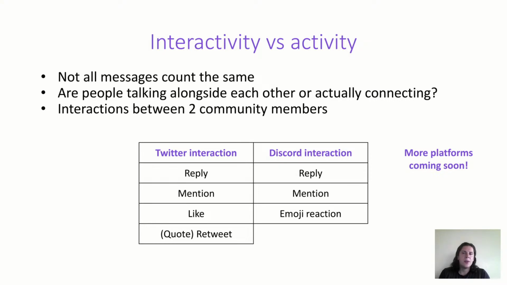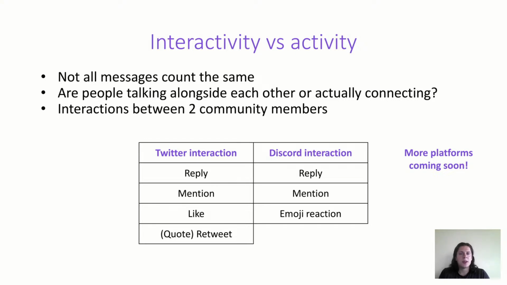And so we are studying interactions between community members, so between two community members, and out of that we can make a whole network of interactions. And we do that for different online platforms. We currently do it for Twitter and Discord, but we also have other platforms coming soon.